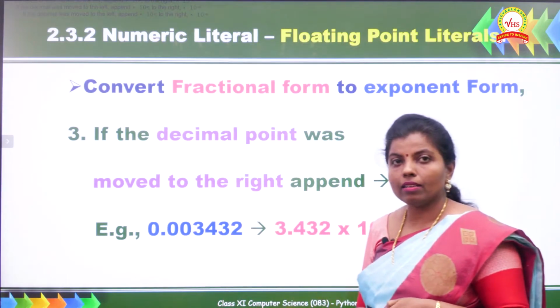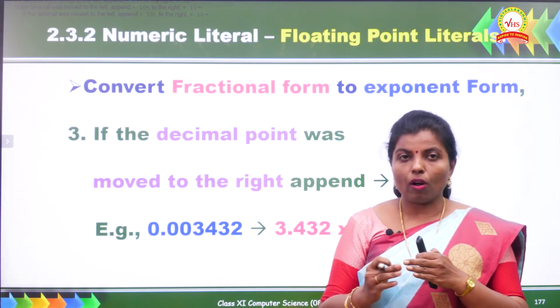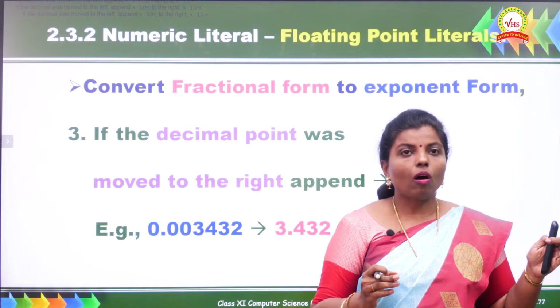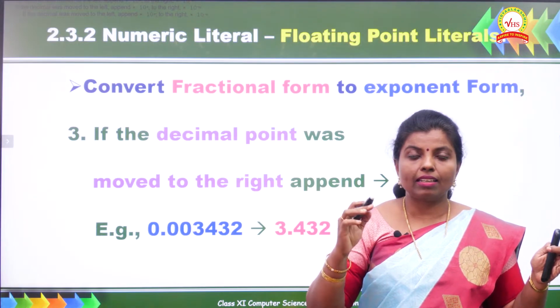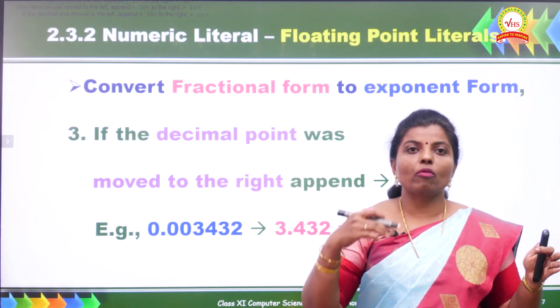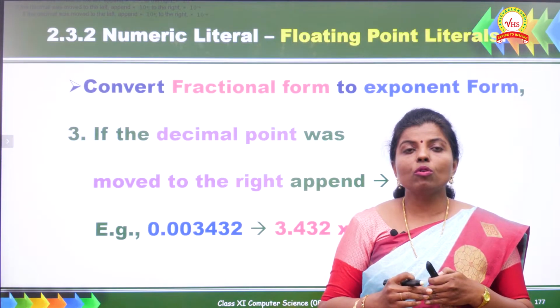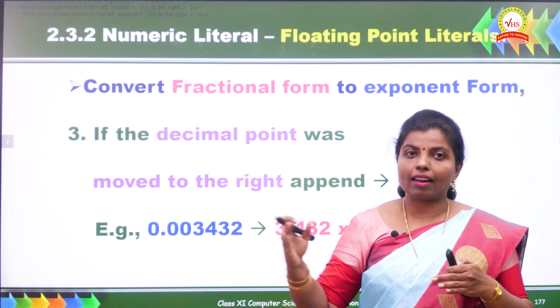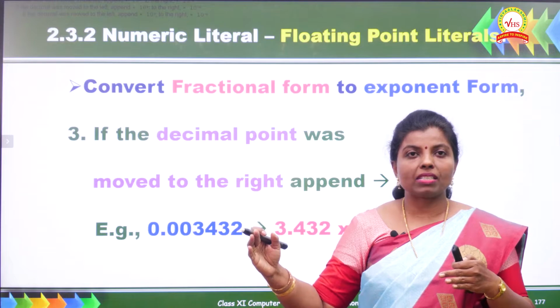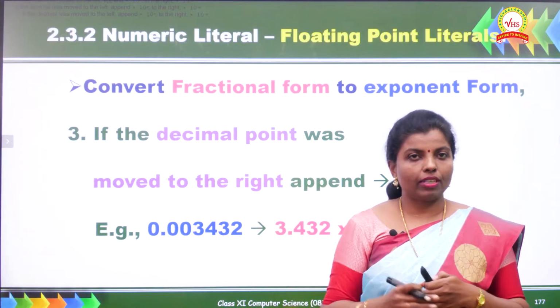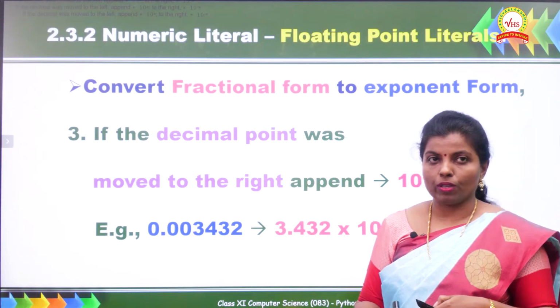Always keep in mind, when you move the decimal point towards the left, always represent it in positive powers of 10. When you move the decimal point towards the right, always represent it in negative powers of 10. This is how we move it.